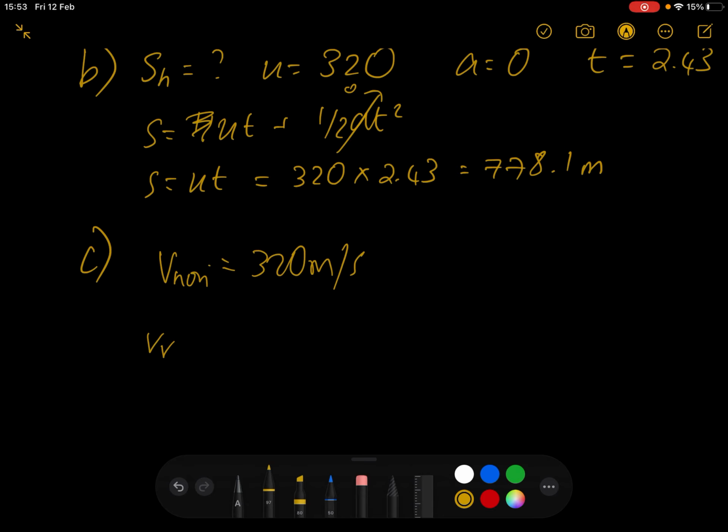What we know loads of stuff for this actually. So what's easiest, v equals u plus at? U is 0, a is 9.81, t is 2.43. Let's do that, 9.81 times 2.43. Answer 23.8 meters per second.